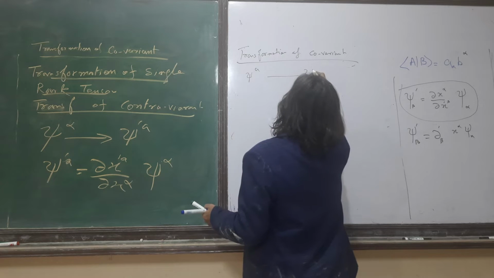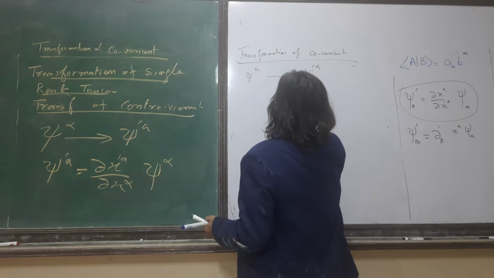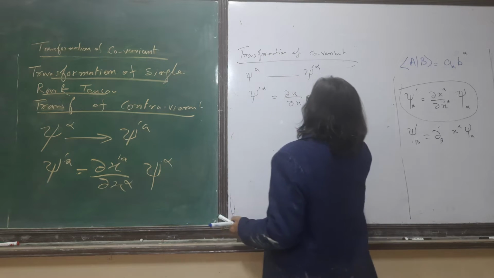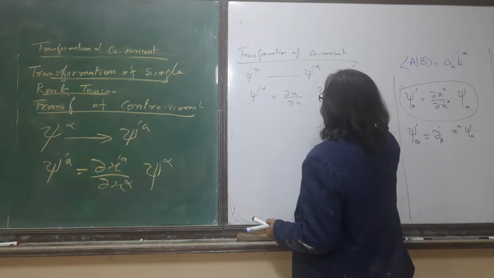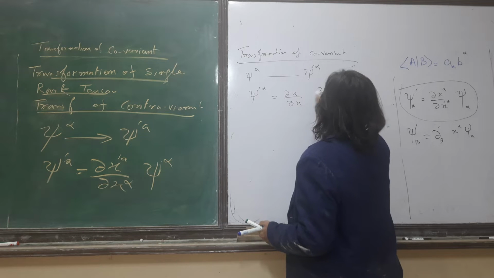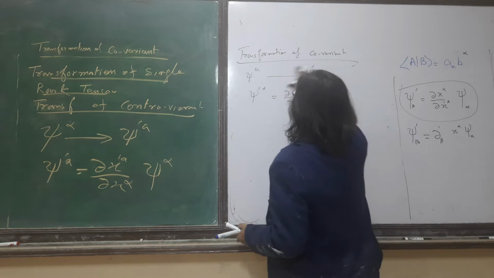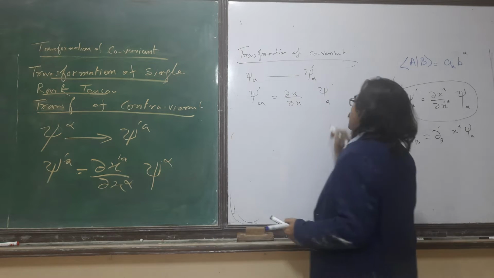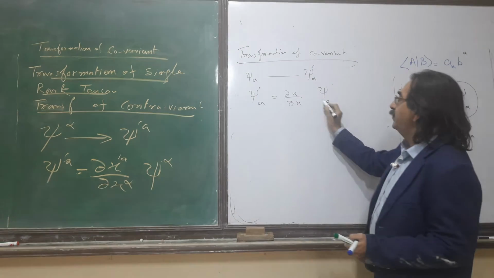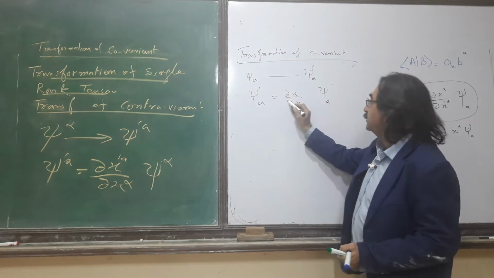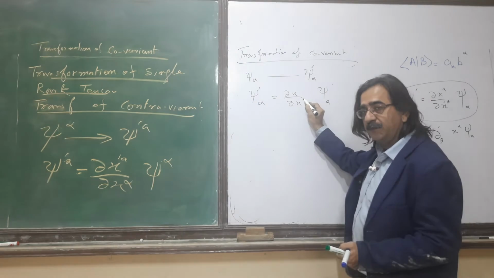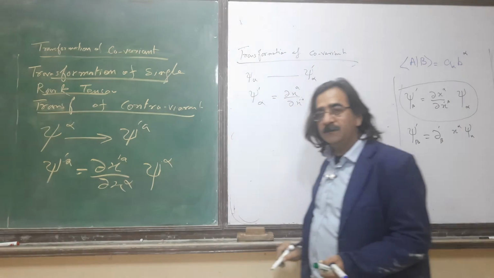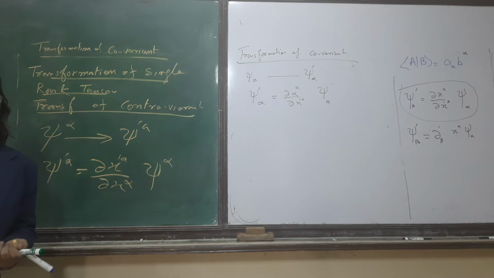Psi alpha bar will be... so now we are transforming the covariant. Firstly you have to write this. This will be a superscript. This must be alpha, and this will be a. Okay, now this is finalized.